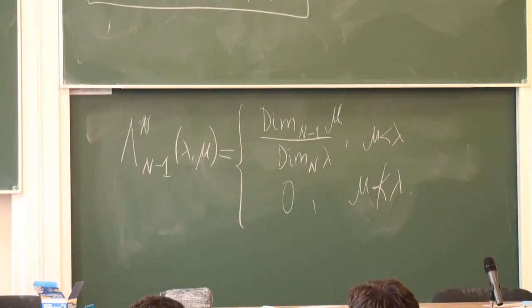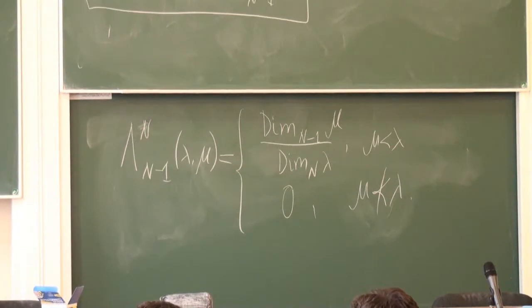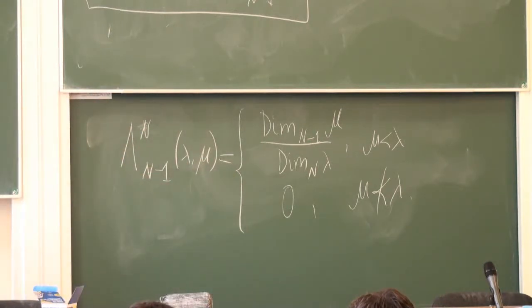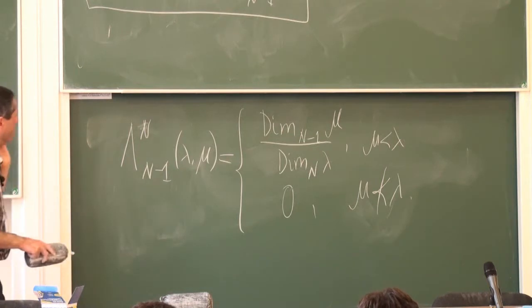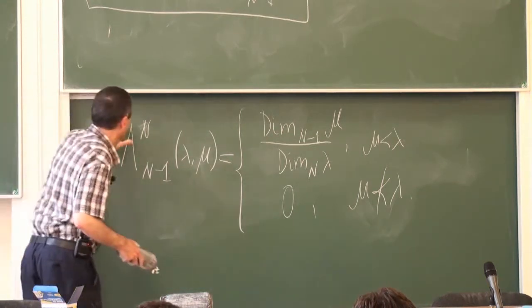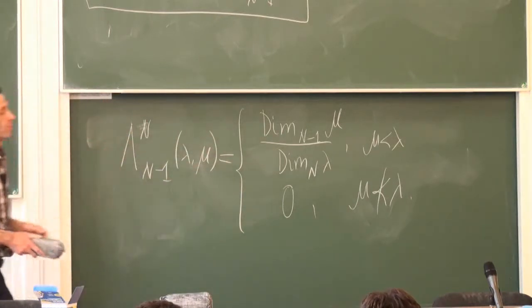Because the dimensions are strictly positive numbers, we get some probability distributions on the set of mu's which interlace with lambda. The next step is to evaluate explicitly this quantity.